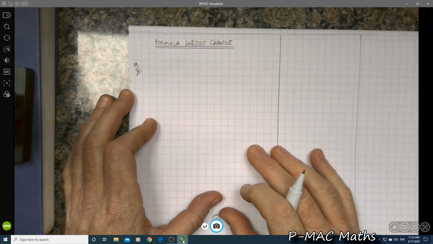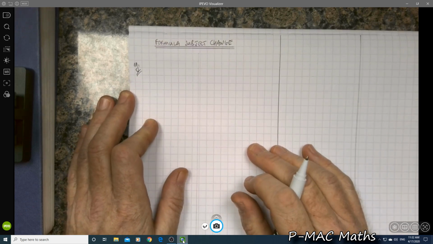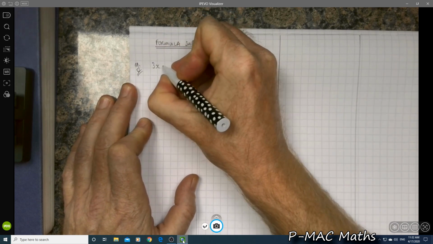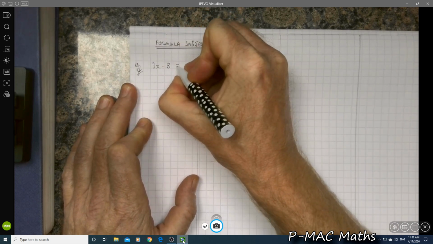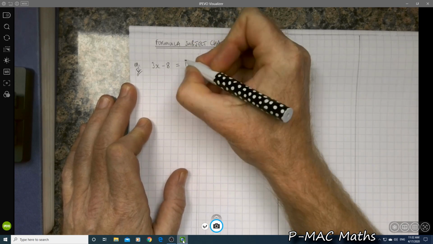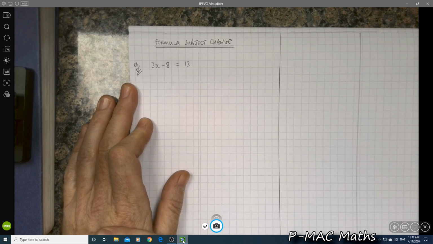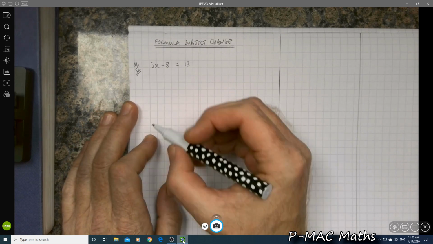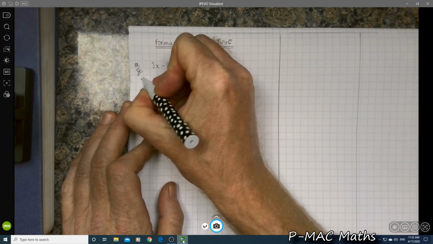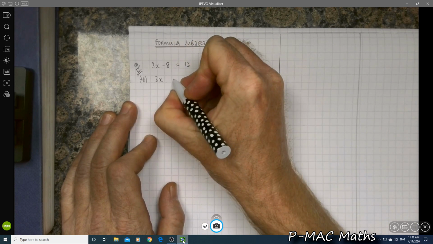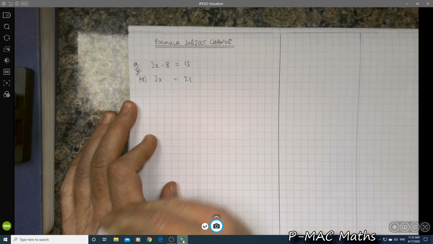So first example, let's start with a simple two-step algebra equation. 3x minus 8 equals 13. So I'm going to solve this by first of all getting the 3x term on its own, and I do that by adding 8 to both sides. 3x equals 21.